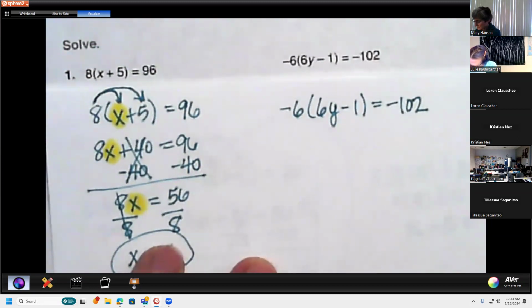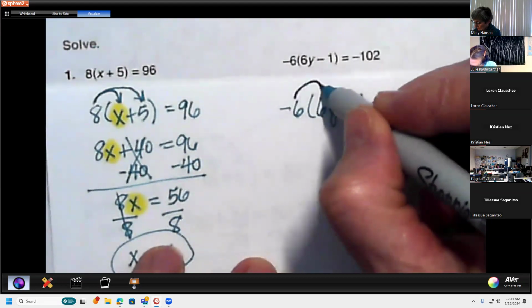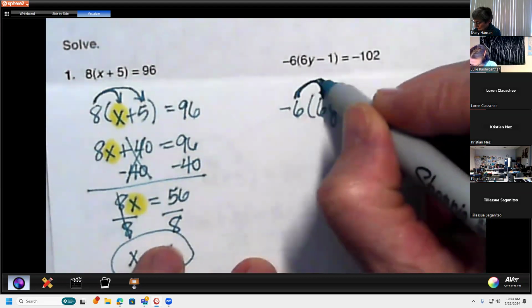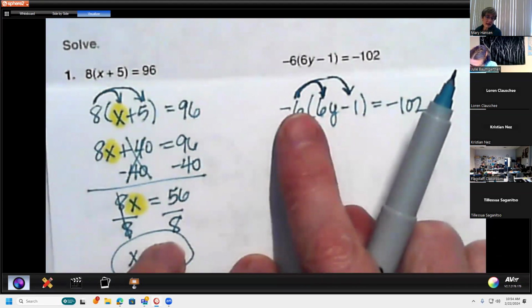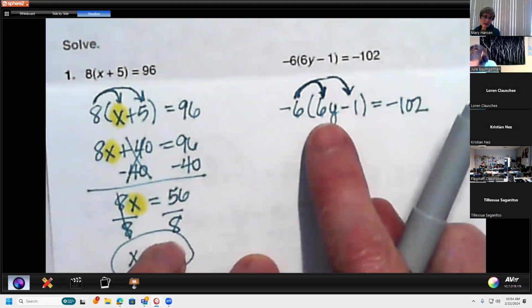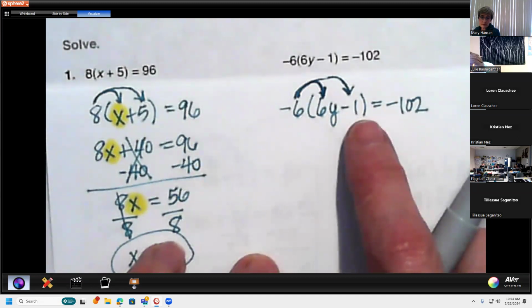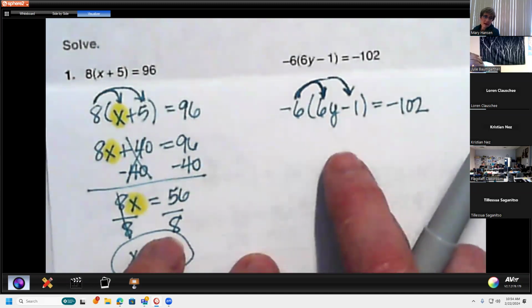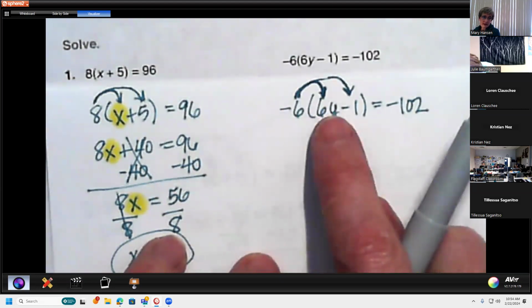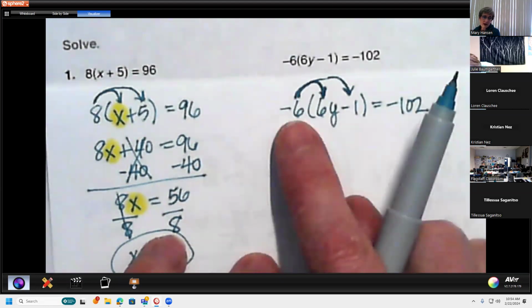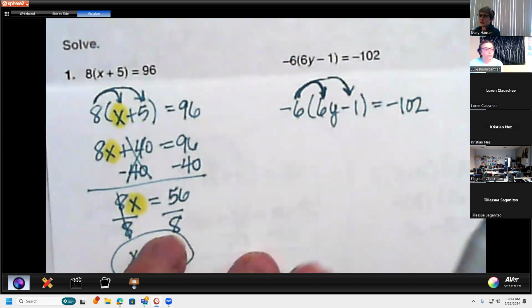So we're going to multiply in. We're going to distribute that -6 to every item in the group or every member of the group. Anyone have thoughts on what's going to happen when we multiply -6 times 6y and -6 times this -1?